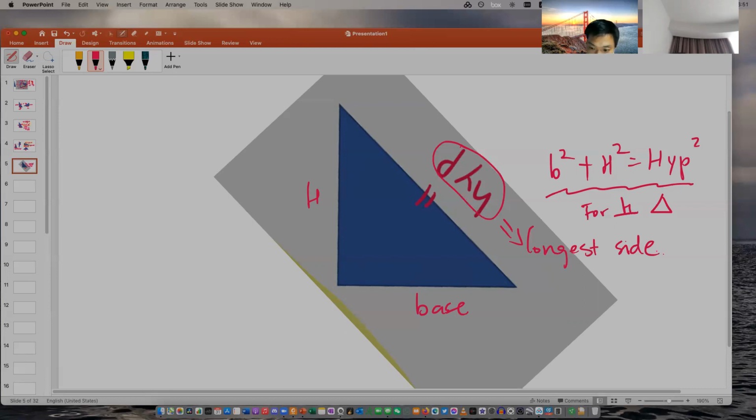So this is one of the concepts that you can make use of to solve harder questions going forward.